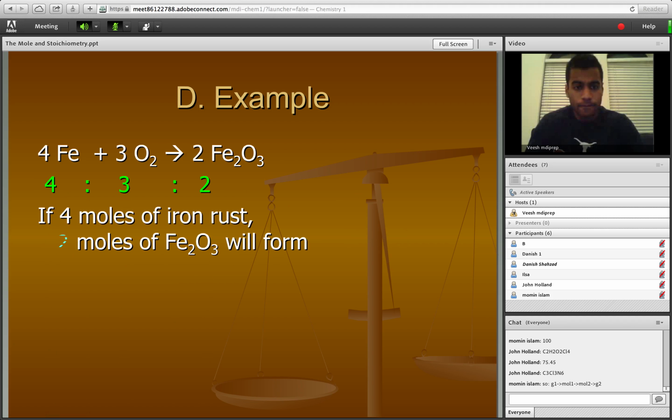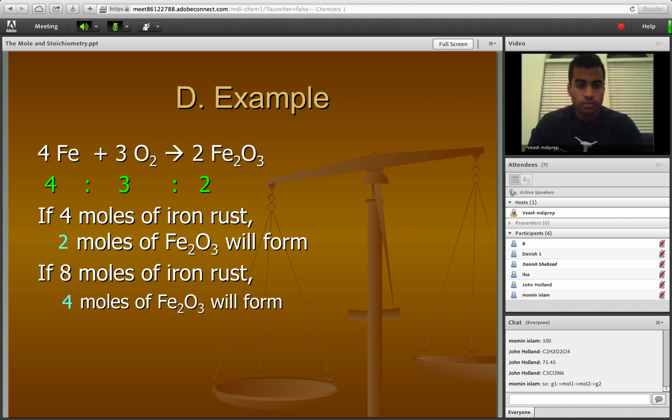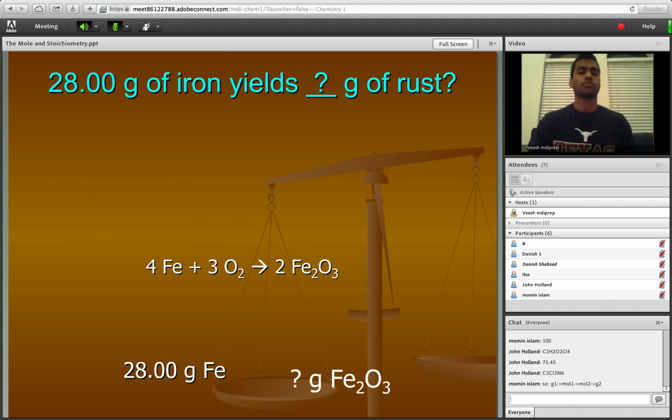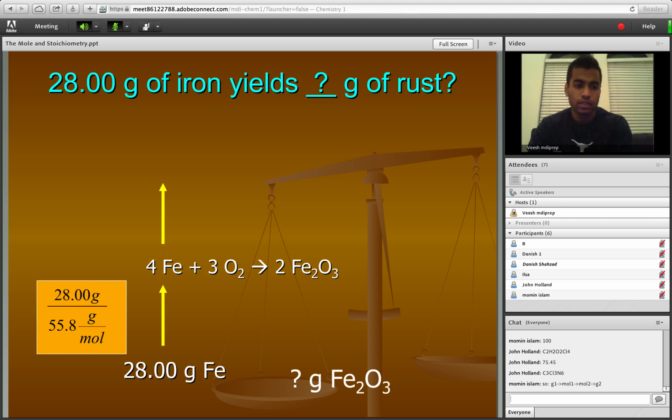Let's go to the next slide. Oh, great. I didn't even realize the slide was right there, where it would have set it all up for us. So in this example, there's 28 grams of Fe. It's asking how many grams of the product there would be. First you want to figure out how many moles there are using the molecular mass, so you're converting grams to moles.